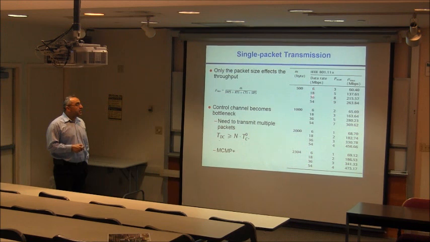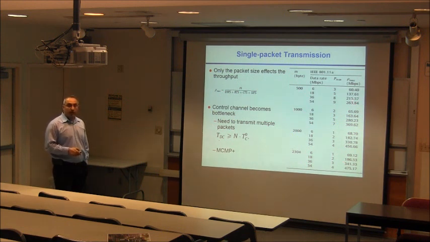But if you increase the rate to 54, you have to send 9 packets per reservation. And as you can see, with this you can have 60 megabit versus 263 megabit per second. That's how much you can increase. And when the packet size increases, you can go all the way to 400 megabit per second.